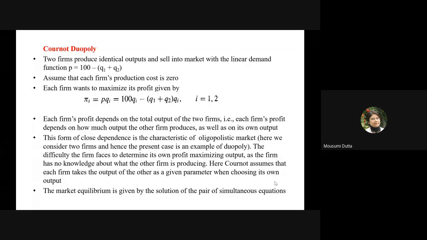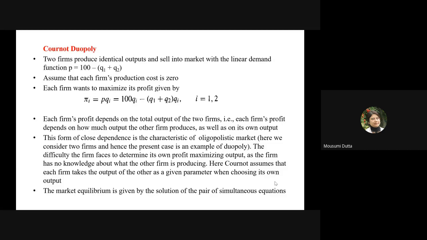So to keep the analysis very simple, under all circumstances, be it price discrimination, be it multi-plant monopoly, be it multi-product firm, we are considering two variables at a time. So here also, in context of oligopoly, we are considering two firms. There are two firms in the industry.